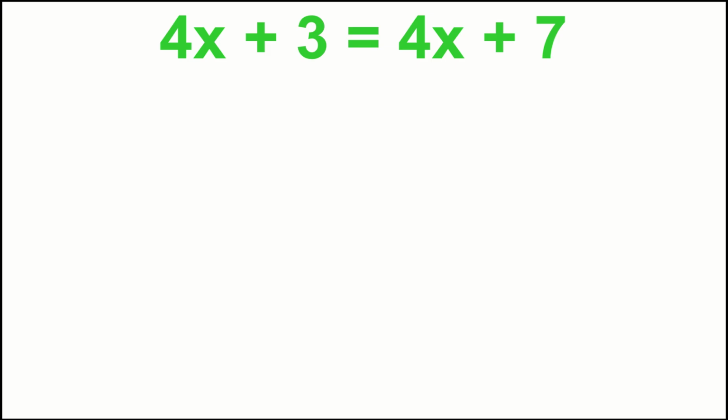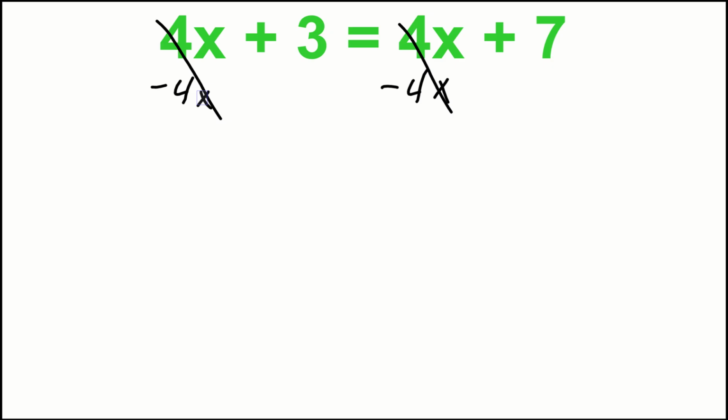All right. So we don't have anything to distribute. We don't have any like terms to combine, so we start by moving the variables. Our coefficients are the same though, so it doesn't matter which one we move, but whenever we move one, it cancels out there.